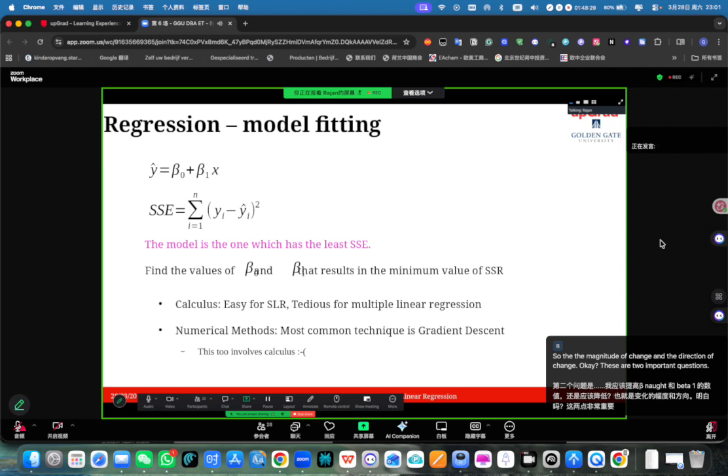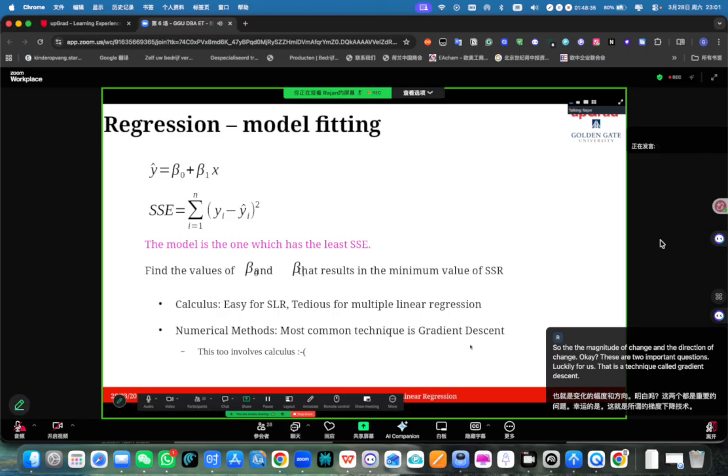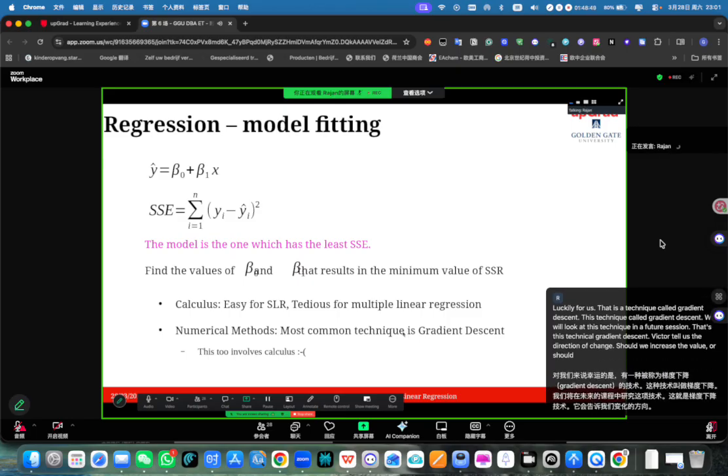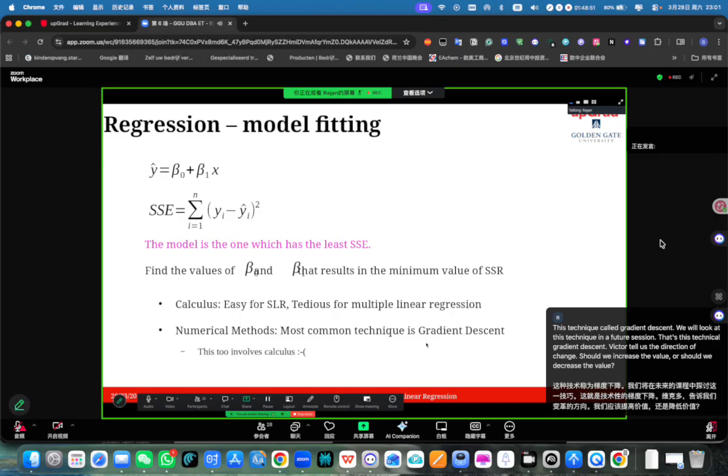Luckily for us, there is a technique called gradient descent. We will look at this technique in a future session. Gradient descent will tell us the direction of change: should we increase the value or should we decrease the value?